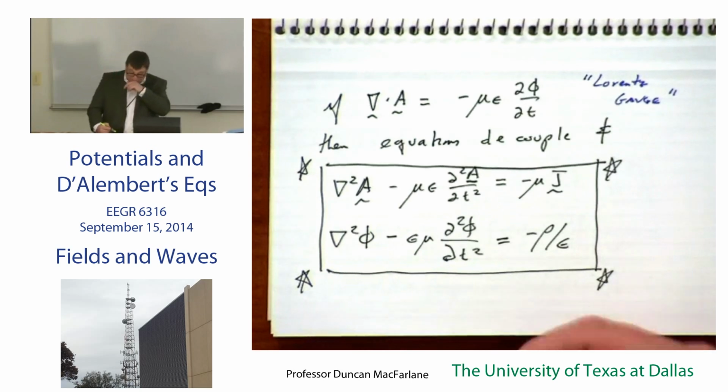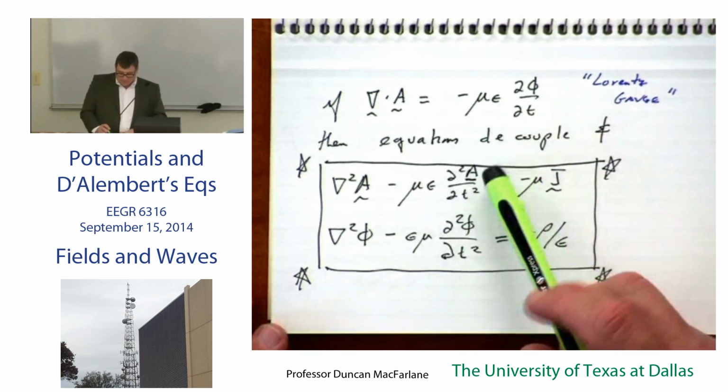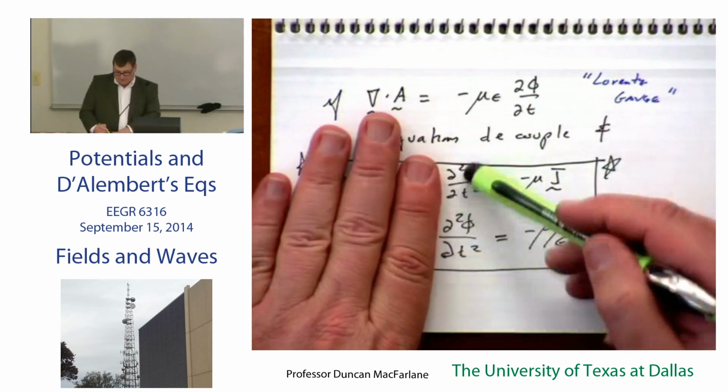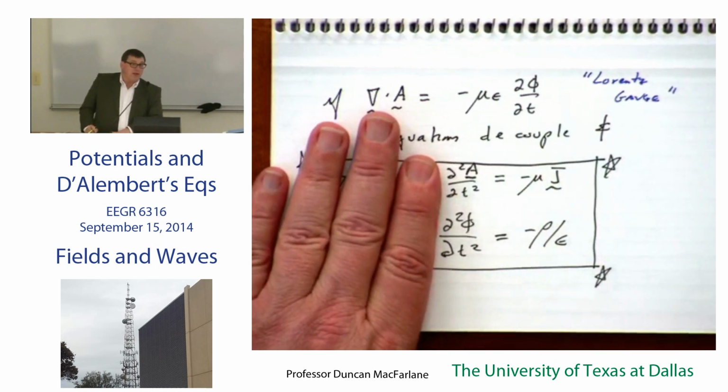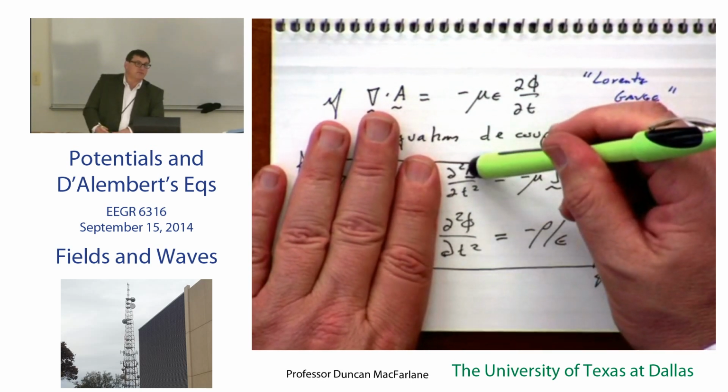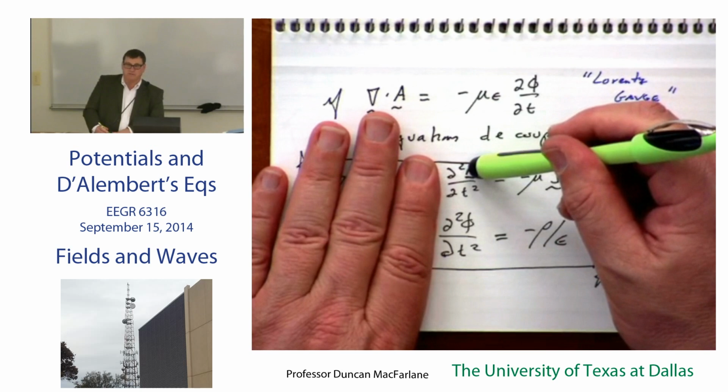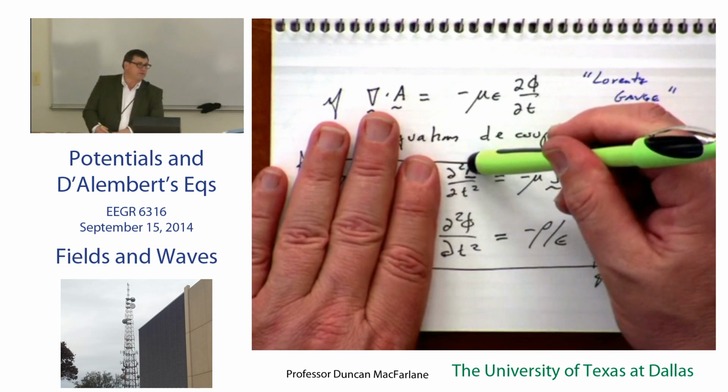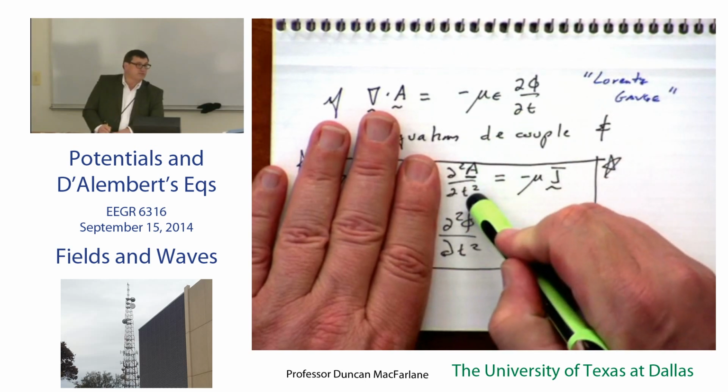Well, now let's take a quick look at this quantity here. And it is units of whatever A is, which we could figure out. But it has units of whatever A is, and it's divided by seconds squared.